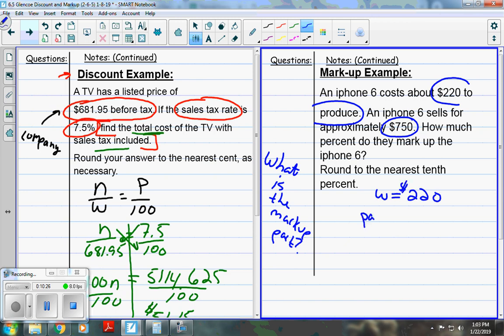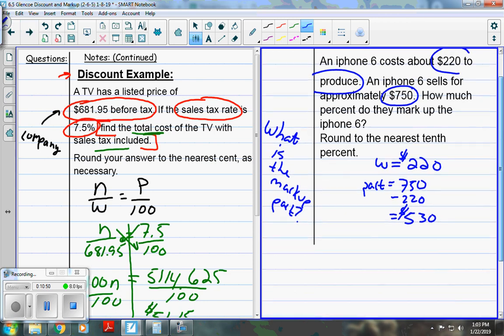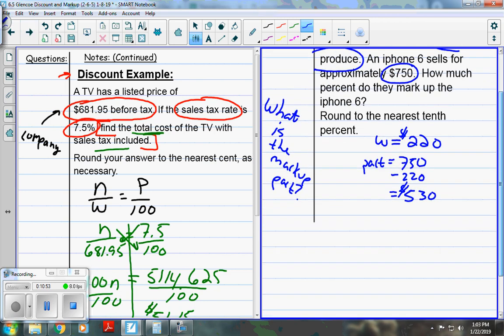The part for us that is marked up is going to be the $750 minus the $220, which actually equals $530. So Apple raises the cost of what it takes them to build their phone, puts $530 more on it, and then sells it to you. That's what markup is.